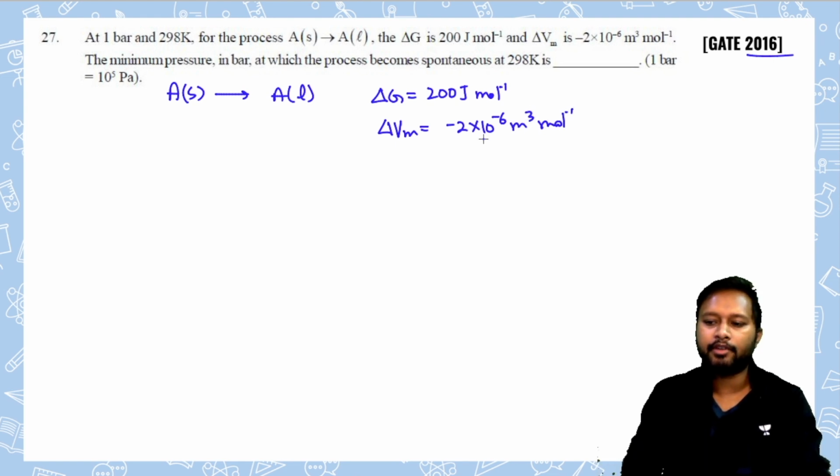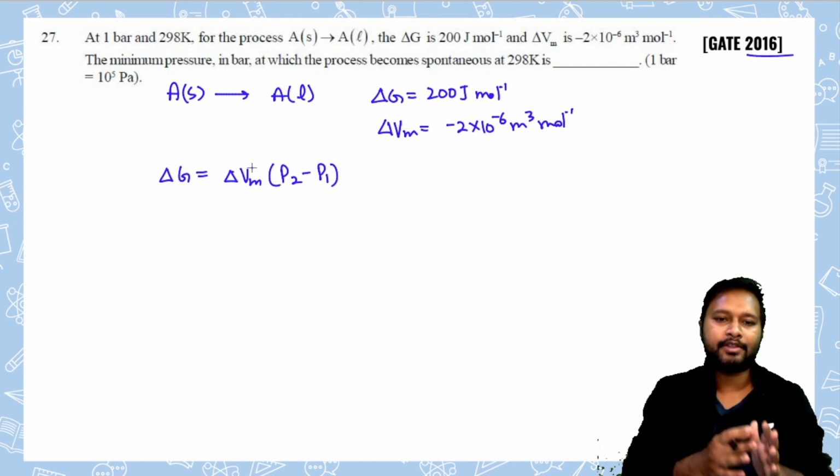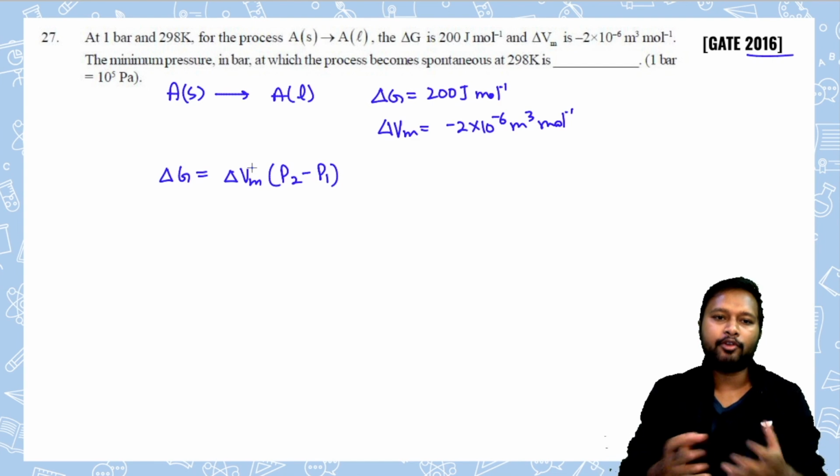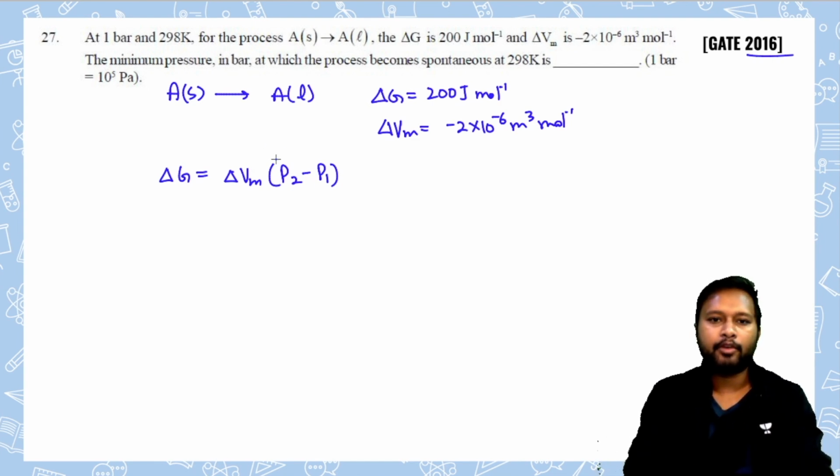Now since you are given all these things, what you have to use is this, that is delta G is equal to delta Vm into (P2 minus P1). This is the equation which we are going to use to do this particular question, because in order to find out at what pressure it is going to become spontaneous, we need this particular formula. Now initial pressure you can take as 1 bar.